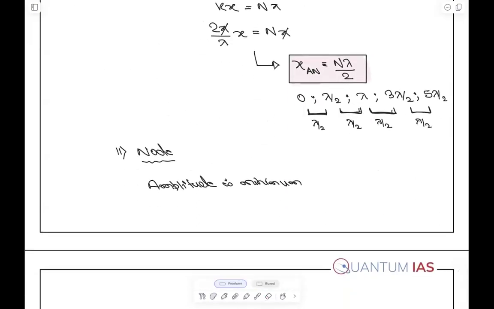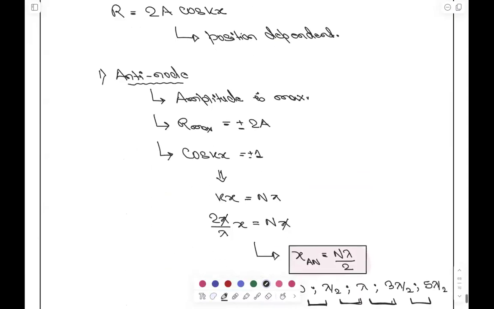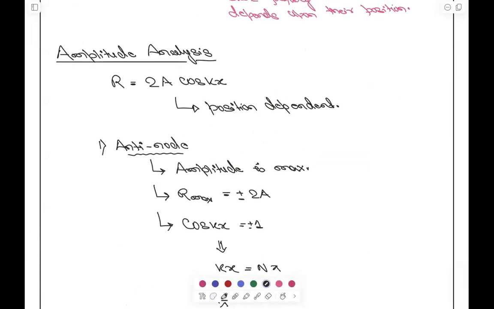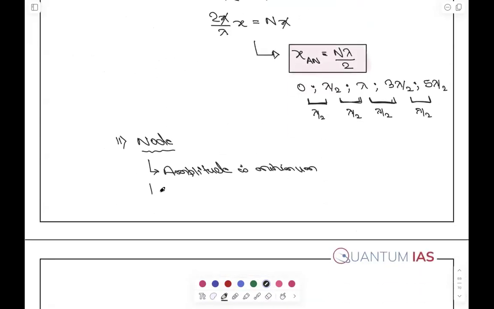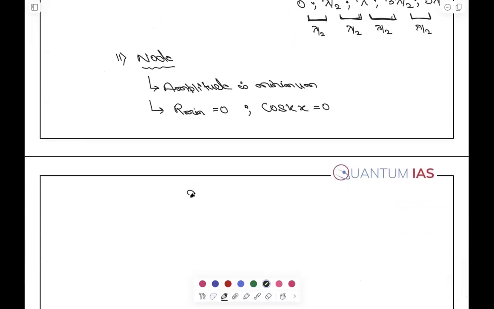When I am saying that amplitude is minimum, what is the minimum value it can have? 0. So if I am writing R minimum is 0, then I can write that cos kx is 0. What is k? It is 2 pi by lambda, 2 pi by lambda into x.